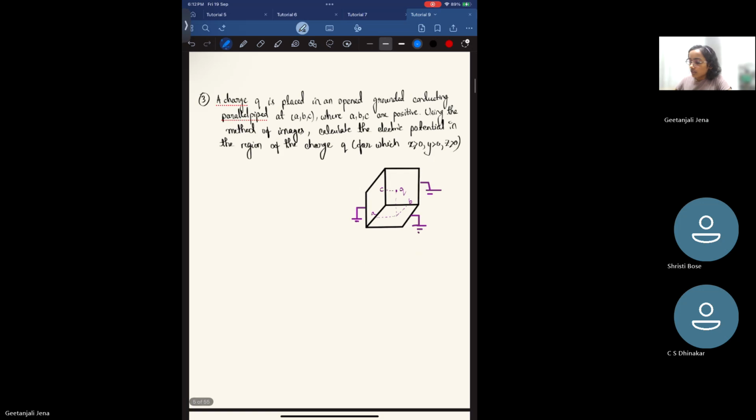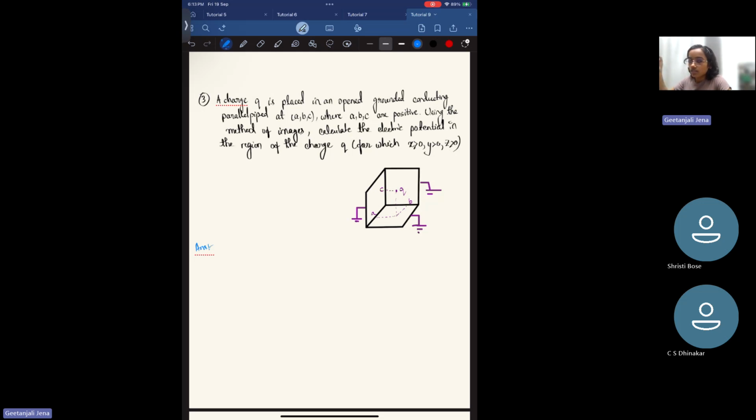Okay. Let us move to our next problem. There is a charge Q placed in an open grounded conducting parallelepiped at A, B, C, where A, B, C are positive.